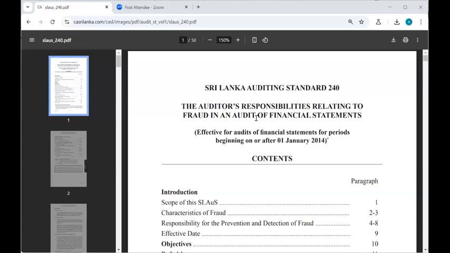So if there is a fraud in an organization, sometimes there may be no impact on the financials, but if it has resulted in a material misstatement, ideally the external auditor should catch it. Can you see the auditor's responsibility related to fraud?